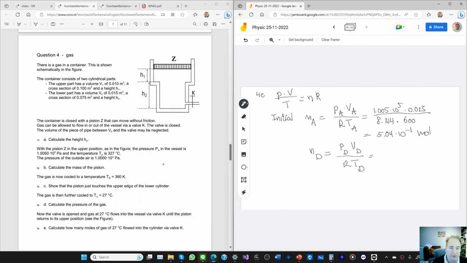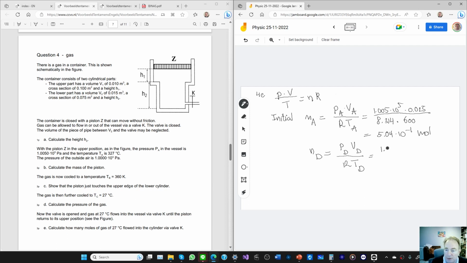The pressure in this final state is exactly the same. The atmosphere and the piston put the same amount of pressure as before. It returns to exactly the same state. That's a given here.